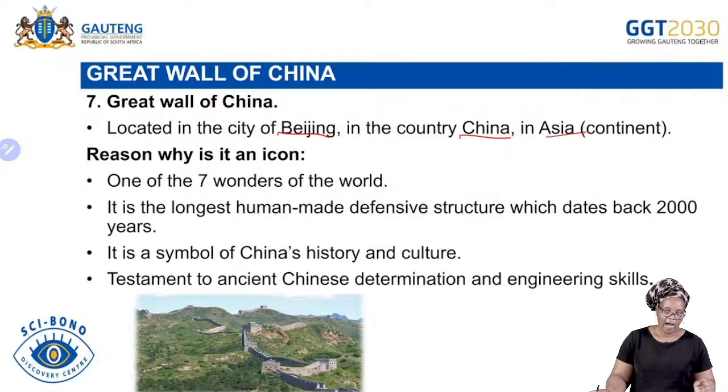Let's look at the reason why it is an icon. This one also is one of the 7 wonders of the world. And the most important thing here, it is the longest human-made attraction. Remember, I said that you have to know whether the icon is man-made or natural.